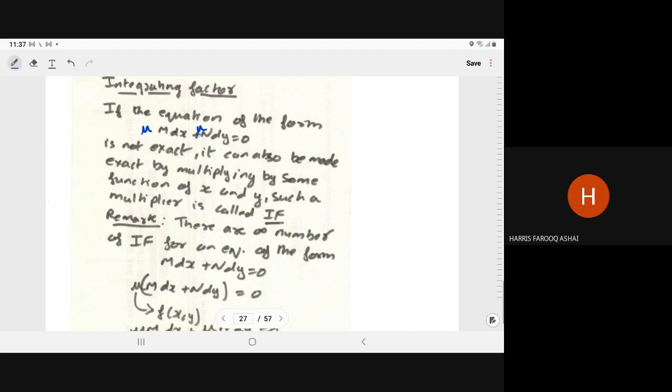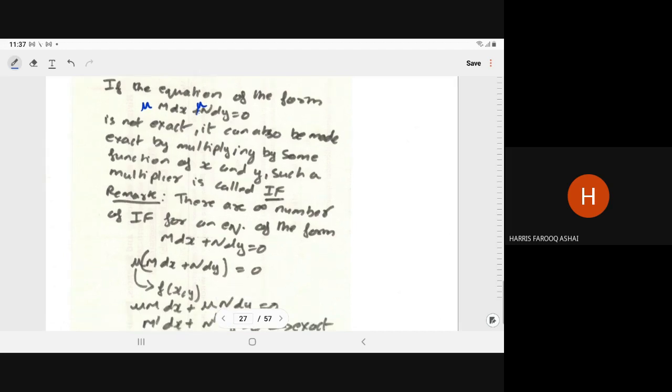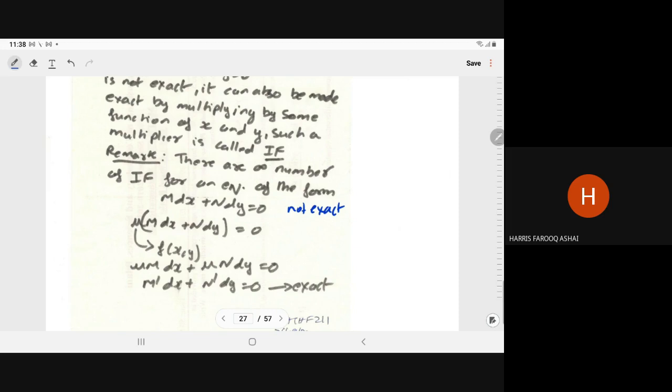There are an infinite number of integrating factors for a particular equation. It is not necessary that it is unique; we can have more than one, or even infinitely many integrating factors for the given equation. So our equation is M dx plus N dy equals 0. If it is not exact, you multiply by mu, where mu is a function of x and y.